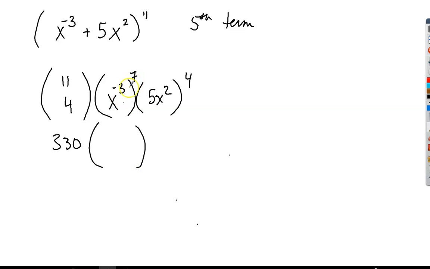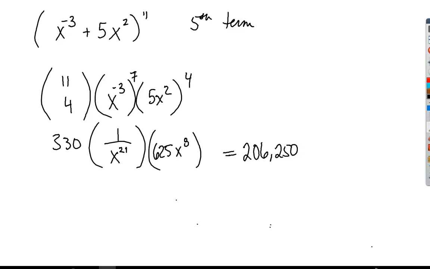This, I would probably actually think of as 1 over x to the 21, right? Because it's technically x to the negative 21, but if I look at it this way, I can keep it positive. Here, I would have to do 5 to the 4th, so 625, and then I have x to the 8th. So I could reduce this. I'm going to have to take the 625 times the 330, so let me start with that.